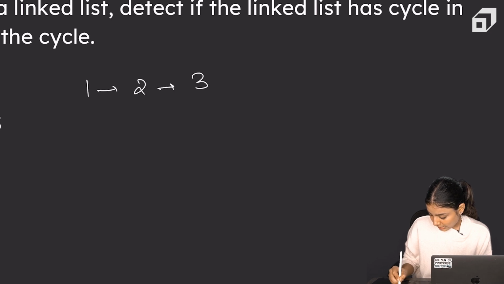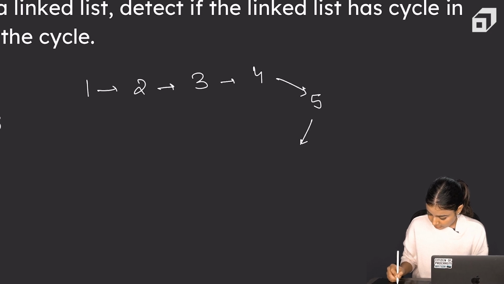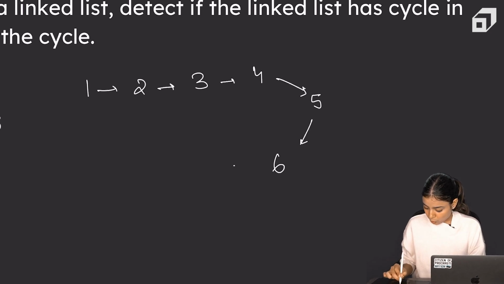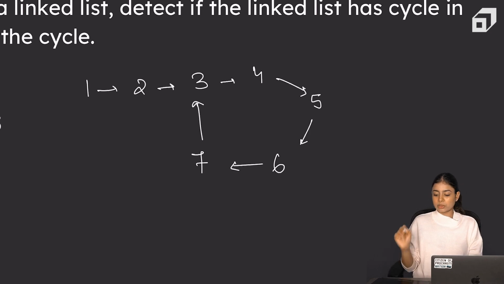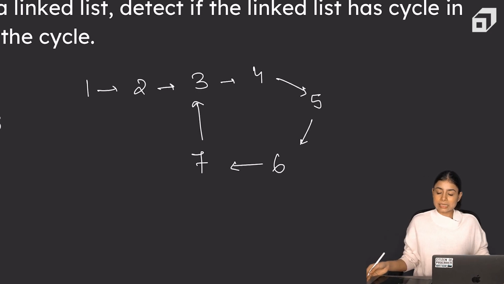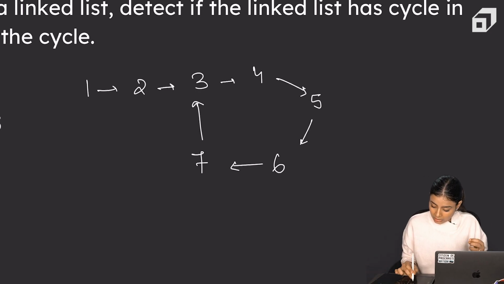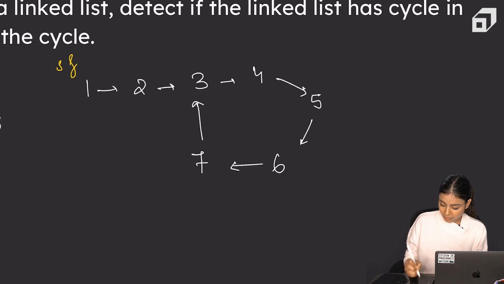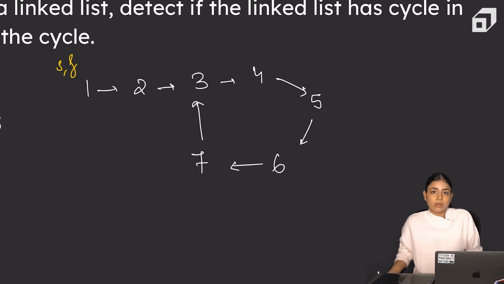So let's say we have another linked list with 7 nodes, where 7 is pointing to 3 and that's where the cycle in our linked list is starting. Now here again, if we start our slow and fast pointers, they will meet at some point, and we'll know that there is a cycle in this.